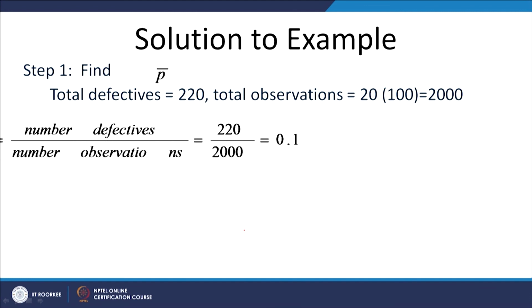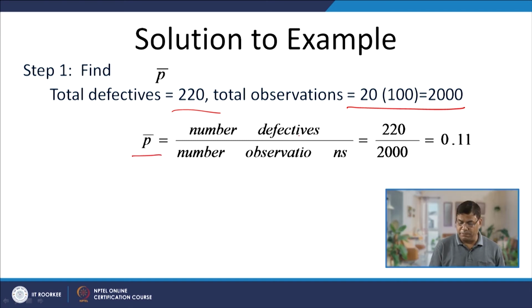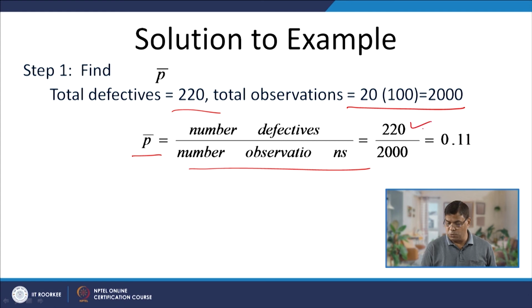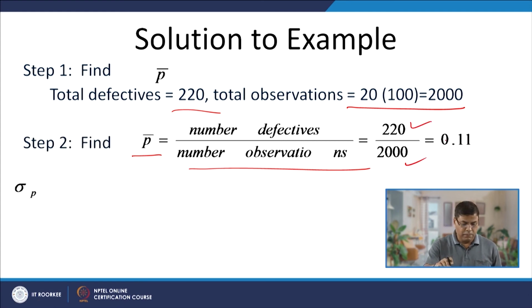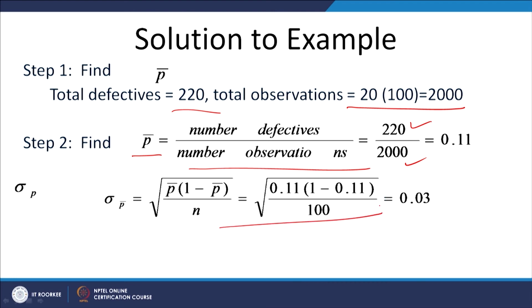So, here basically to find the total defective items, total number of observations, and p bar, that is number of defective items divided by the total number of observations. So, that is 220 divided by 2000. So, this will be giving us the value of 0.11, and then we can calculate the standard deviation.